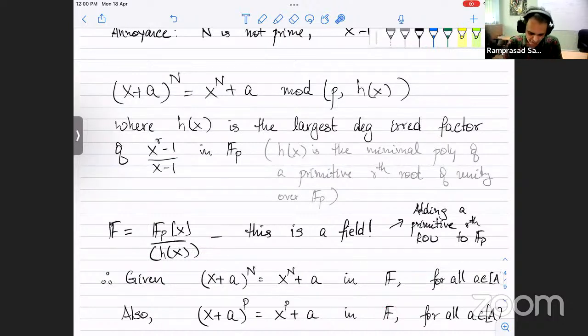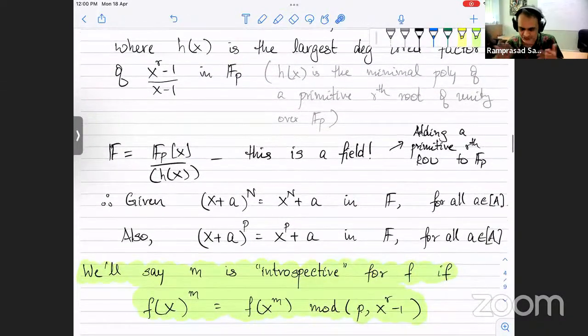Okay, so we are going to take these two equations and use that to come up with a weird definition. I'm going to borrow the same notation used in the Agrawal-Kayal-Saxena paper, which is to say that an integer m is introspective for a polynomial f if it so happens that f of x to the m equals f of x to the m, that is, this m sort of enters the bracket, modulo p and x to the r minus 1.